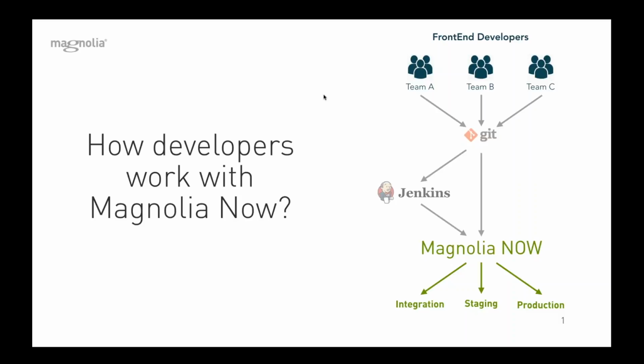If they are using Git to integrate their changes into a central code repository, Magnolia Now can leverage that repository to distribute those changes to different environments, which are, and we will see that in detail, the integration environment, the staging, and the production environment. And optionally, if you want to automate this process a bit more, you can also decide to use your continuous integration server, such as Jenkins, to automate all of that using our public REST API.